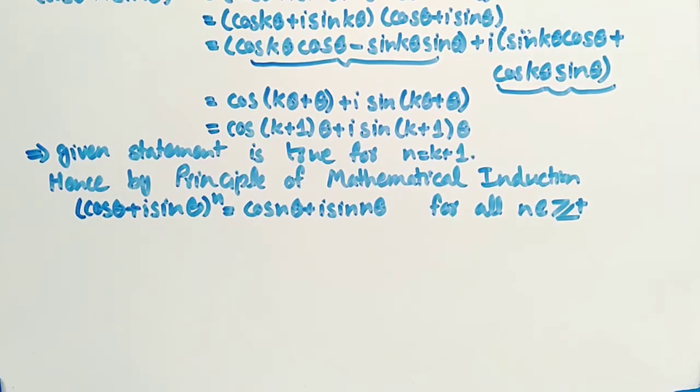We have proved this result for n is equal to 0 and for n being a positive integer. Now we will prove this result for n as a negative integer.